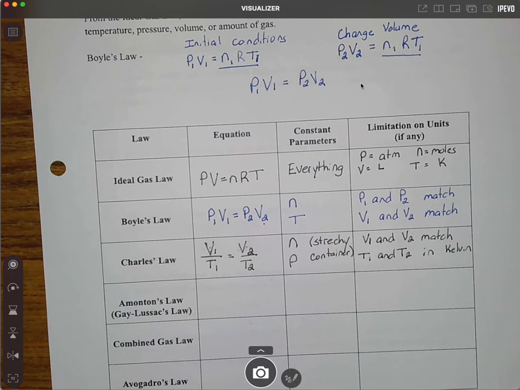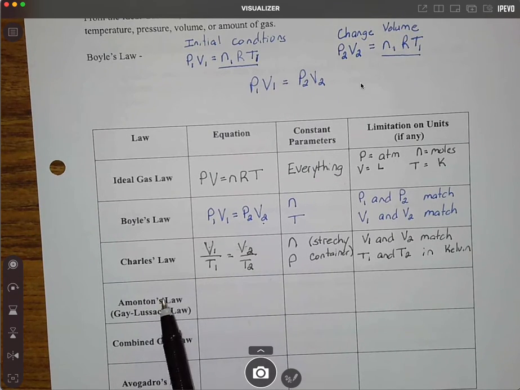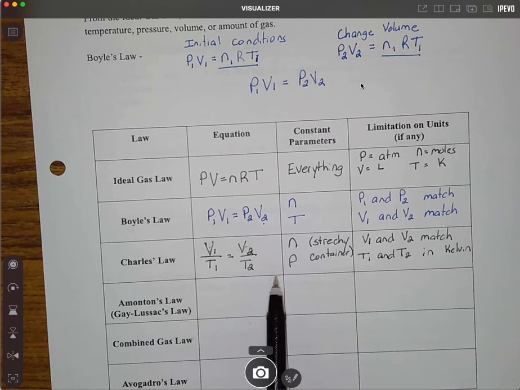And that avoids a couple things. It avoids ever getting zero in the denominator, and it avoids having one of these be negative and one of these be positive and getting a negative volume. But even if both of the temperatures are positive, if you dump them in there in Celsius, you're not going to get the right answer.